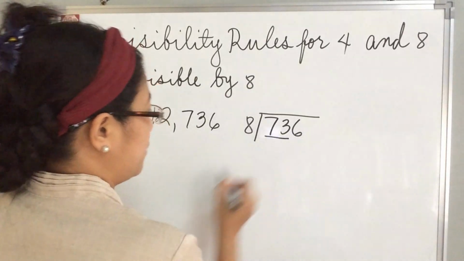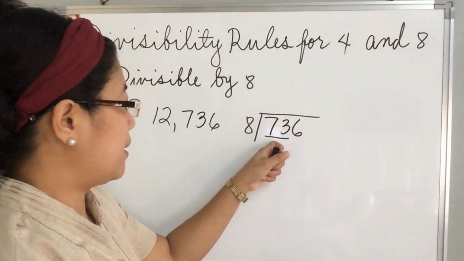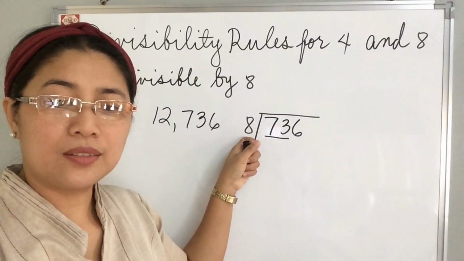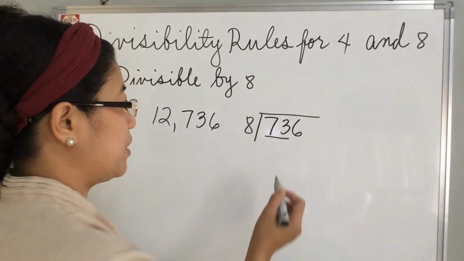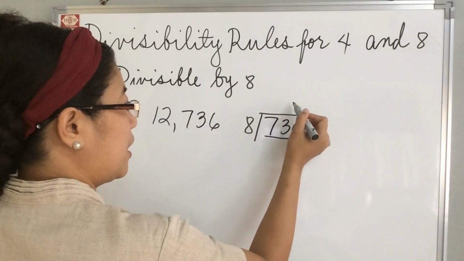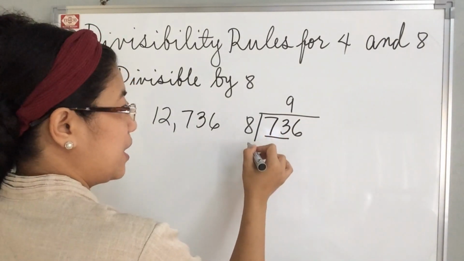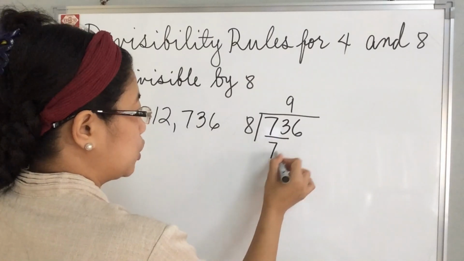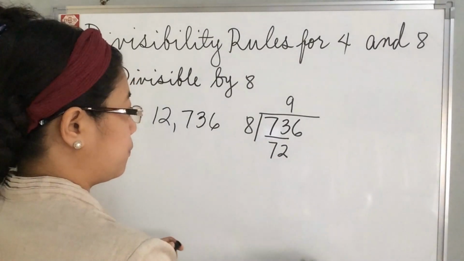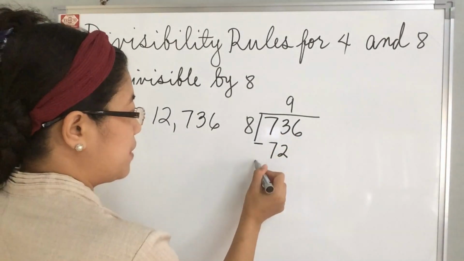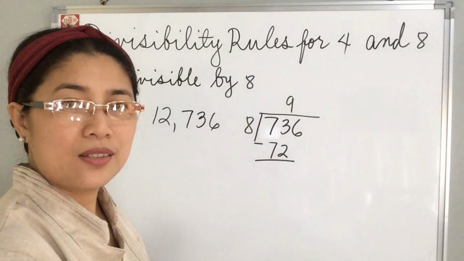So 73. 73 divided by 8. What's the answer? 9. Very good. So let's write the 9 above 3. So 9 times 8 is 72. 73 minus 72, what's the answer?